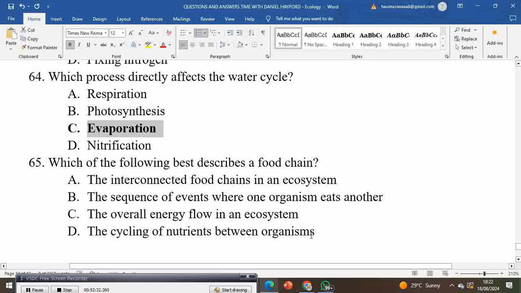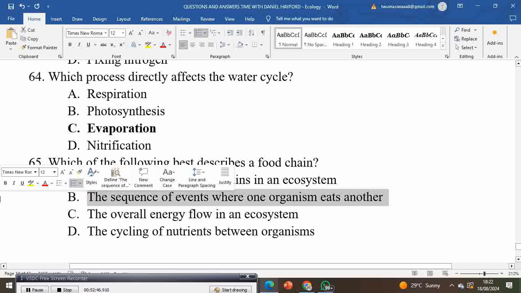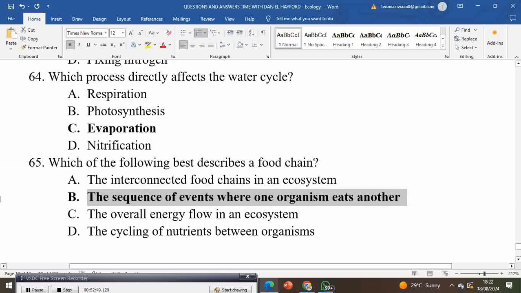And D, the cycling of nutrients between organisms. So which of them is your best answer? Your answer should be B, the sequence of events where one organism eats another, and that organism also gets eaten, and so on and so forth.